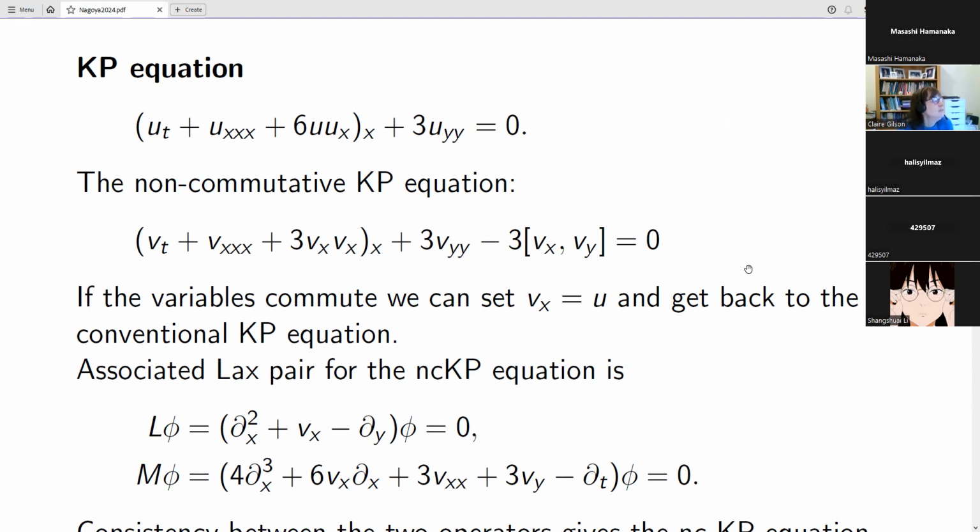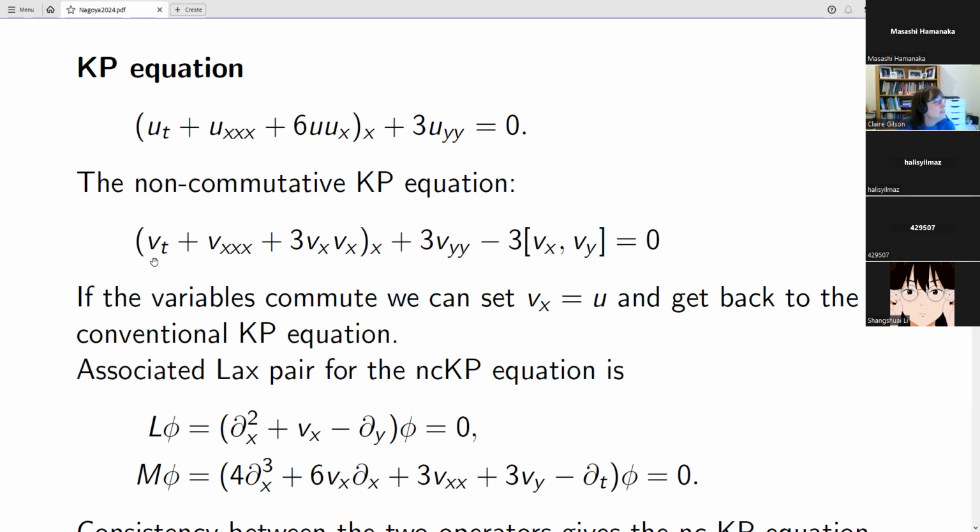This is maybe one of the most well-known non-commutative integrable equations, and the non-commutativity comes in quite a simple form here. At the top we've got the KP equation, and below is the non-commutative KP equation. It's convenient to write it in this form because I don't want integrals in my equation.